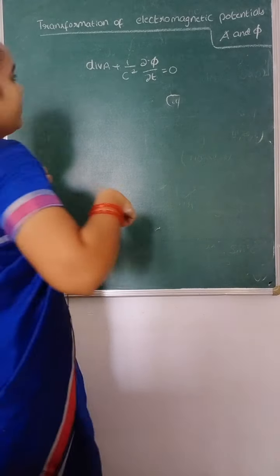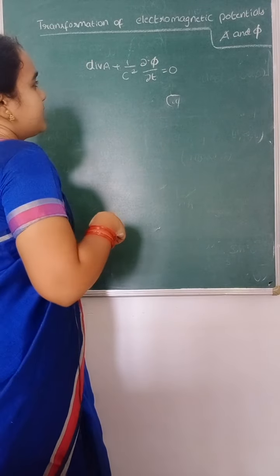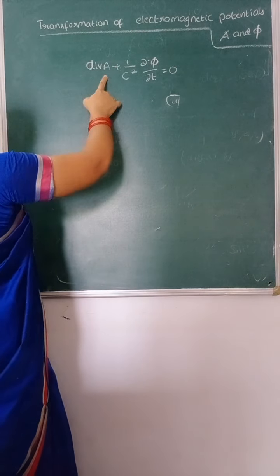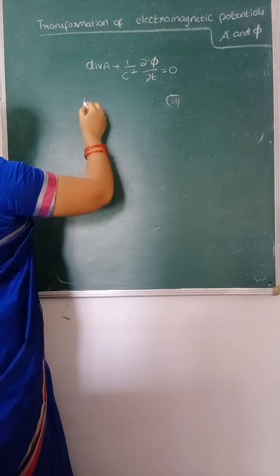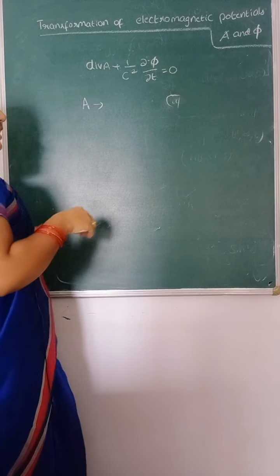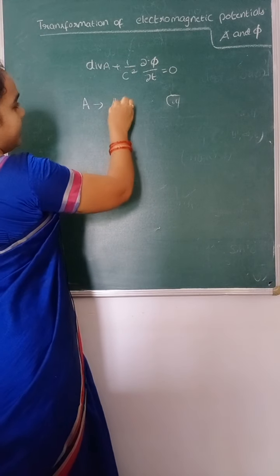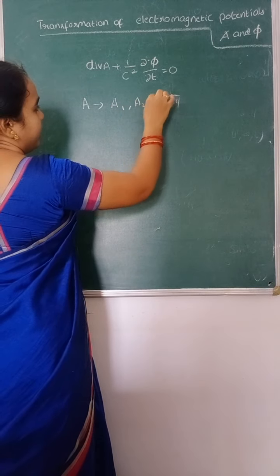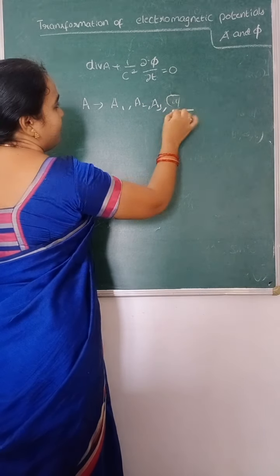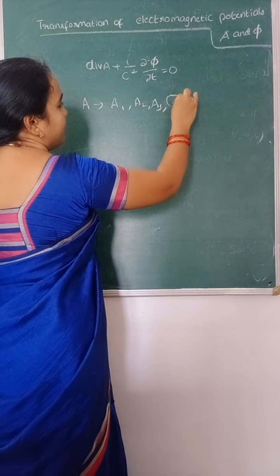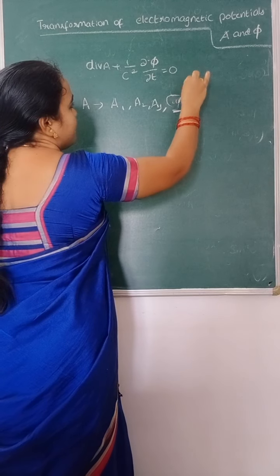Here, the vector potential A will have three components, Ax, Ay, Az, or simply A1, A2, A3. So we will define the fourth component as A4, which corresponds to phi.